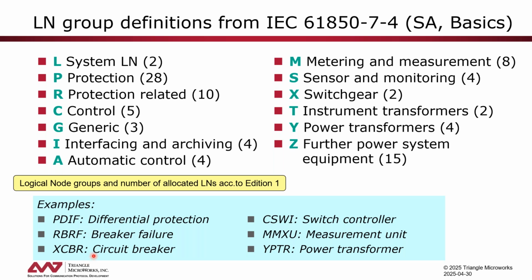We have interface logical nodes, like the circuit breaker interface, control, switch controller, measurement unit, or also power transformer. The numbers here indicate the number of logical nodes in this group as they were in edition 1. In the meantime, the standard has progressed, so we have a few more logical nodes in these different groups.